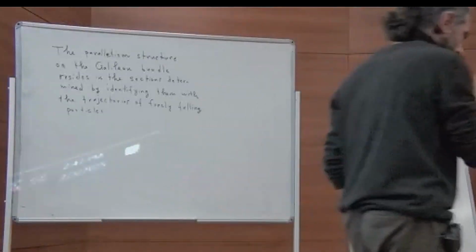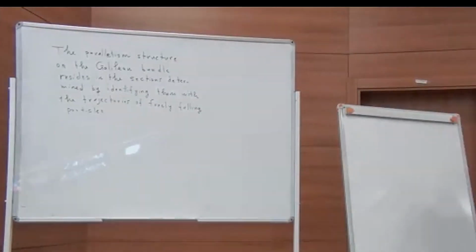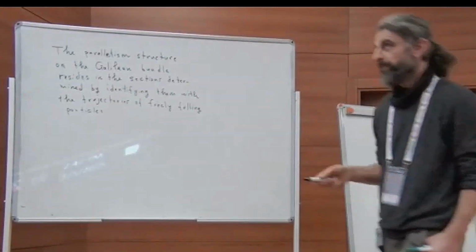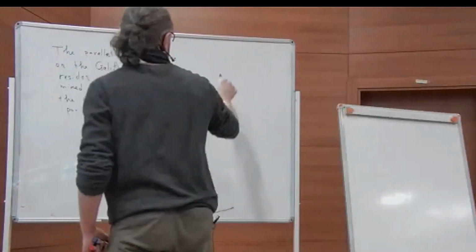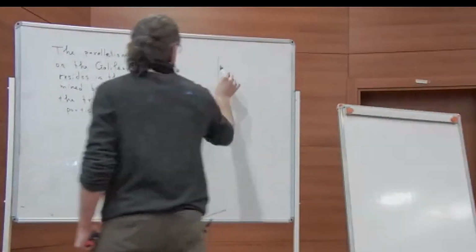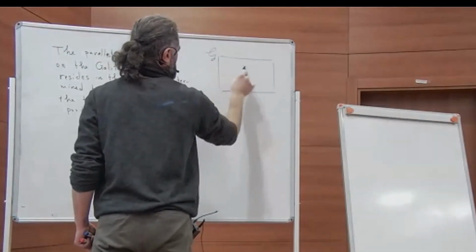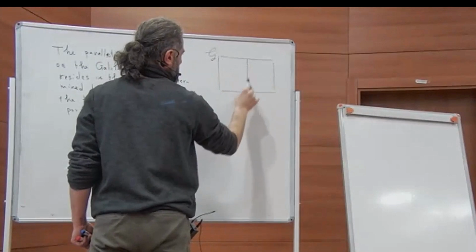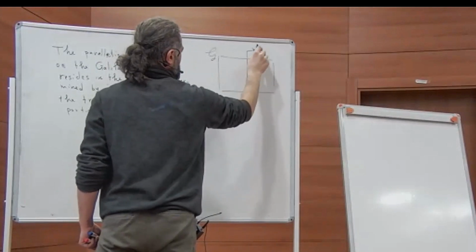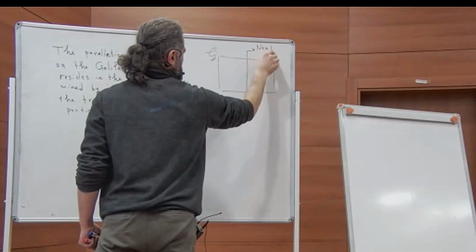This was the last result that I told you in my last lecture. So we have a bundle. Its fibers are Newtonian pieces.